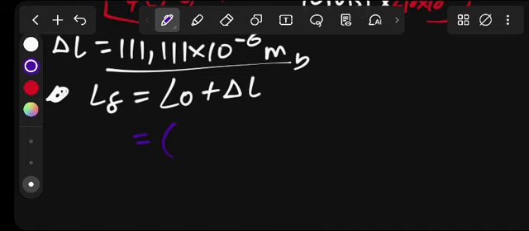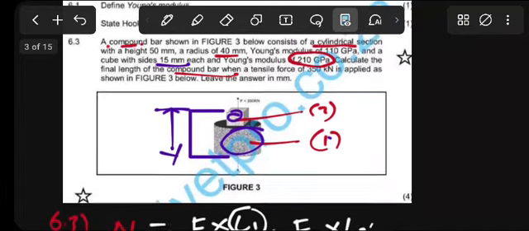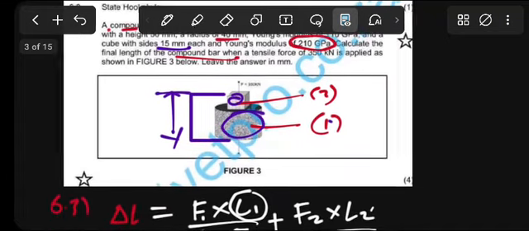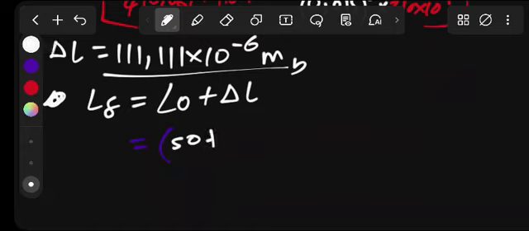The initial length will be the sum of 50 millimeters plus 15, without the extension.